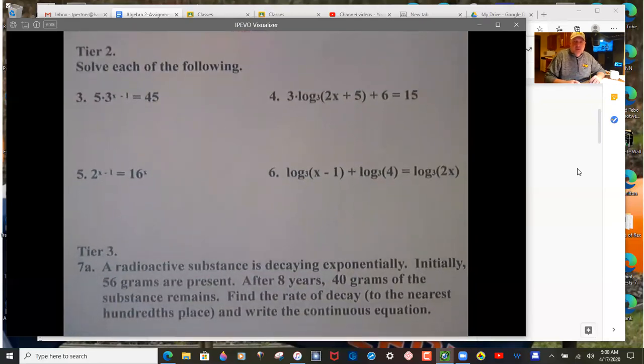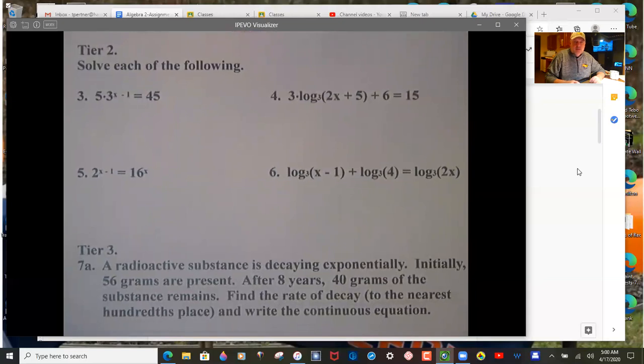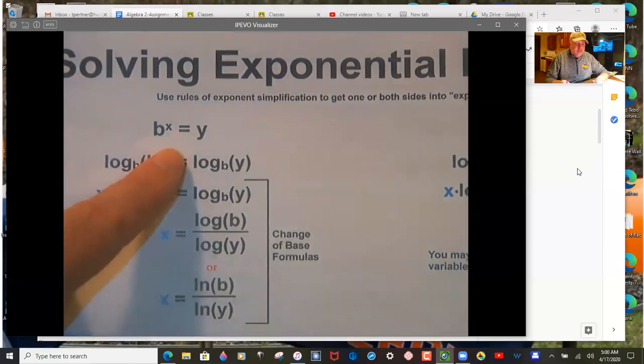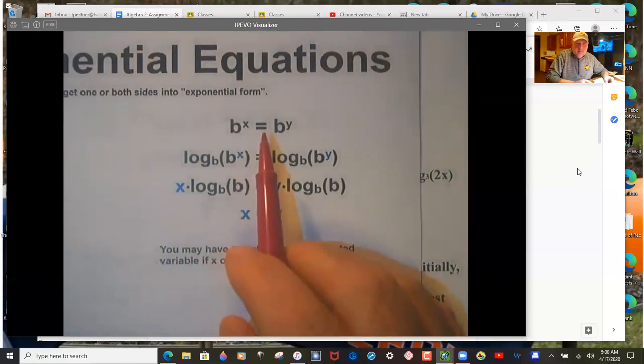Okay, so solve these. Very close to the homework problems, and there's a couple of simpler ones and a couple that you got to use a little bit of thought process to get it set up to be ready to solve. So you remember me talking about getting exponentials set up so that they're ready to solve.